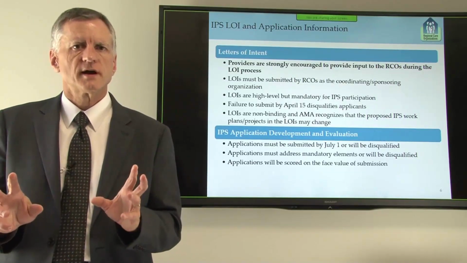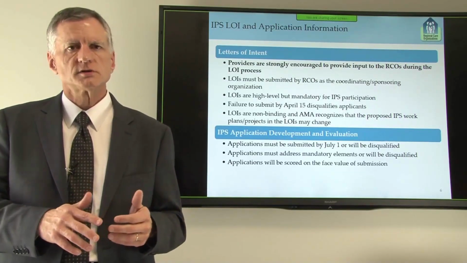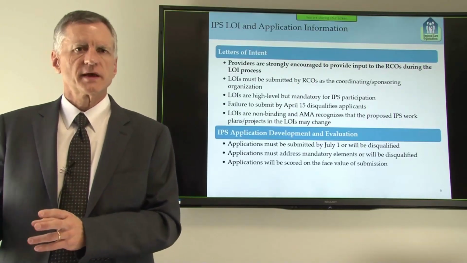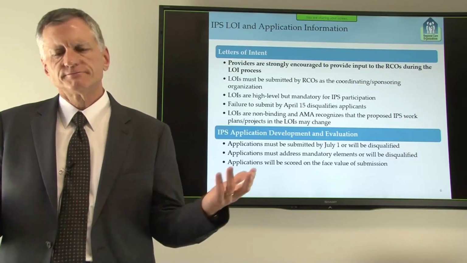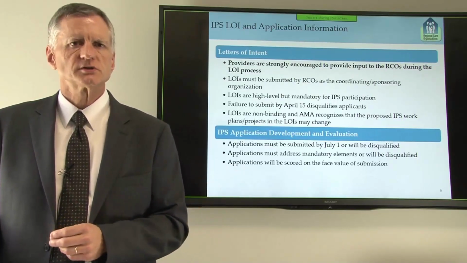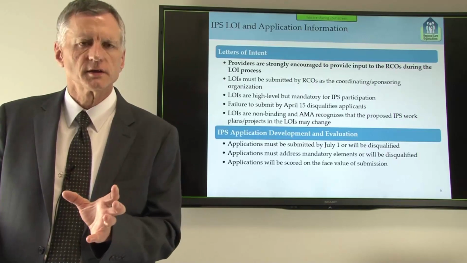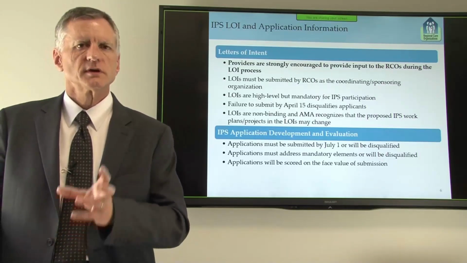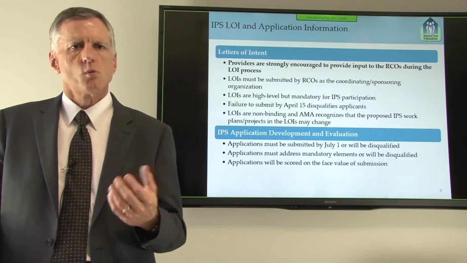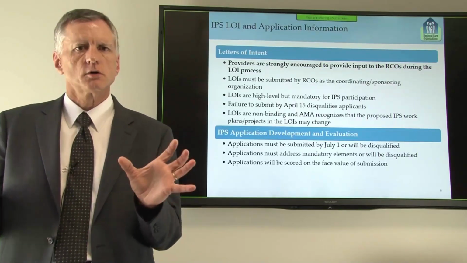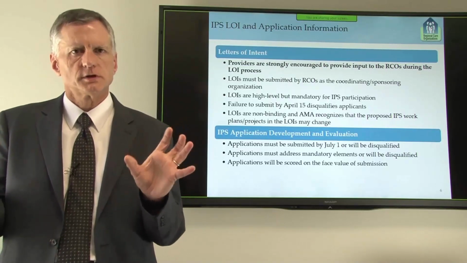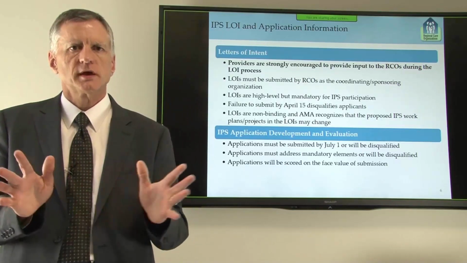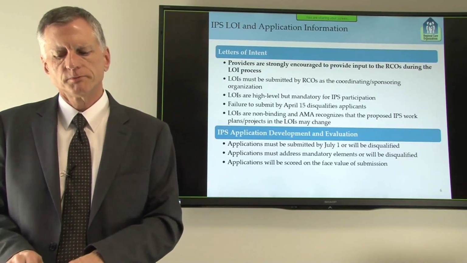It would be much better to have one really strong plan that addresses birth outcomes, as opposed to six different plans addressing ambulatory sensitive condition admissions. I'm not saying there can only be one plan doing that, but we don't need a lot of duplicative plans. We don't need a small group of providers wanting to do the exact same thing as another small group of providers, and they both go, well, my plan's as good as your plan. No, we need to work together. We need a coordinated approach to address the needs in a given region.